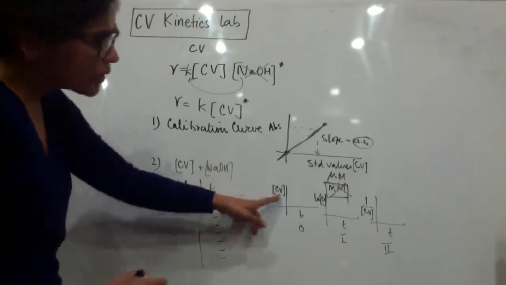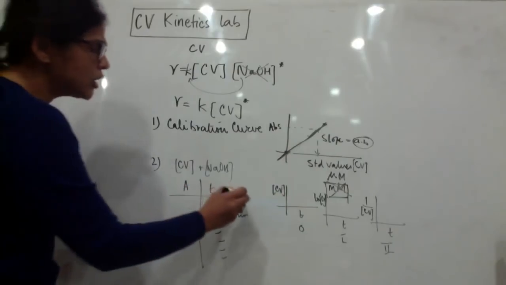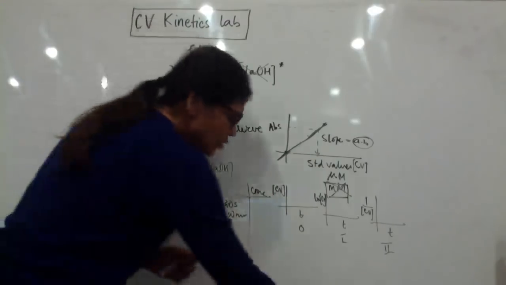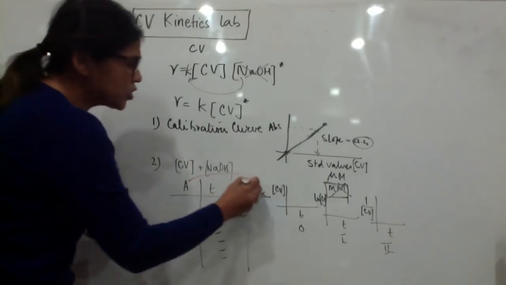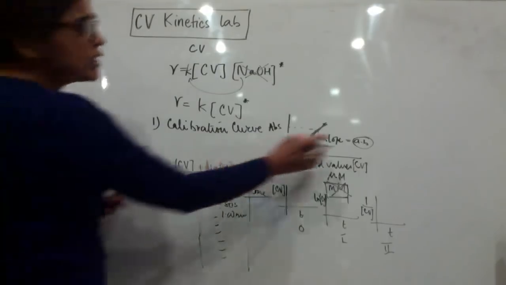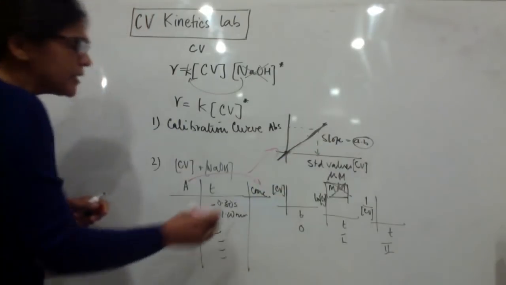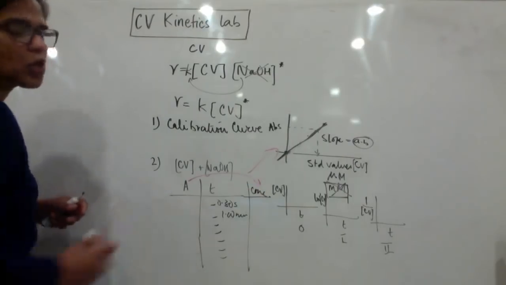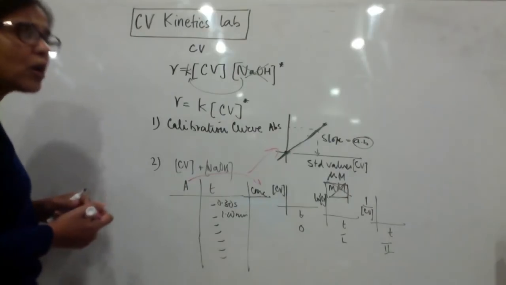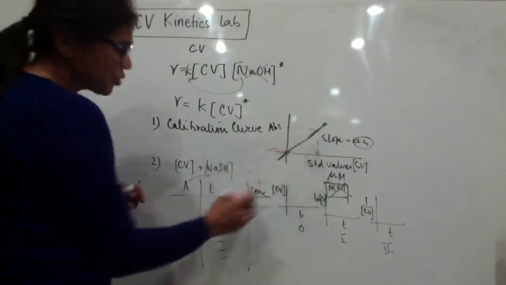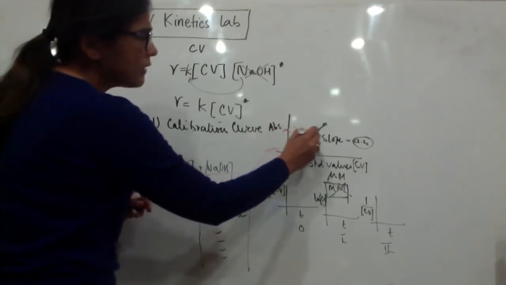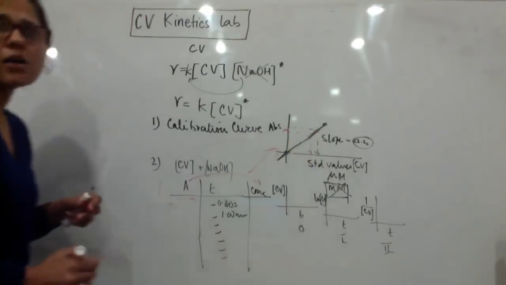But before you can plot concentration against time, you need to convert absorbance to concentration. And to convert absorbance to concentration, that is where you use the calibration curve. You can either use the slope AB and get the concentration C from absorbance. A is equal to ABC, remember in Beer-Lambert's law? Or, if your graph shows, you can put this absorbance value in here and find its corresponding concentration.